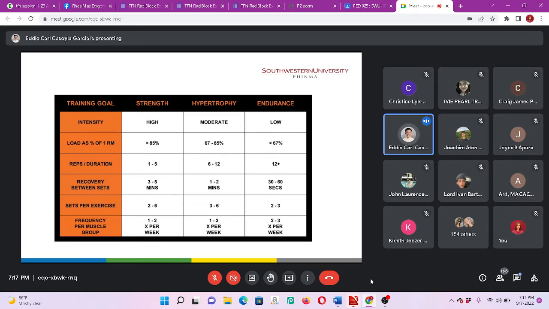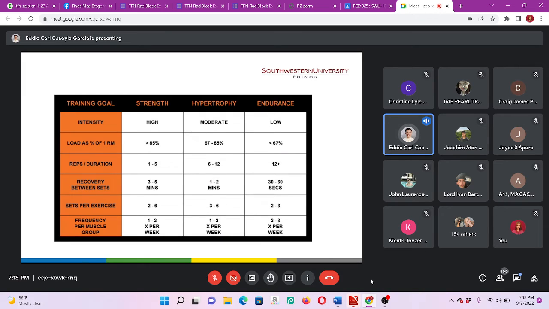Okay, so 50. Again, for ladies na lang this time. So 10, for example, 10. Okay, that's your highest weight lifted, girls. And then times, if moderate, so 67 to 85. So let's try to use between those numbers lang.